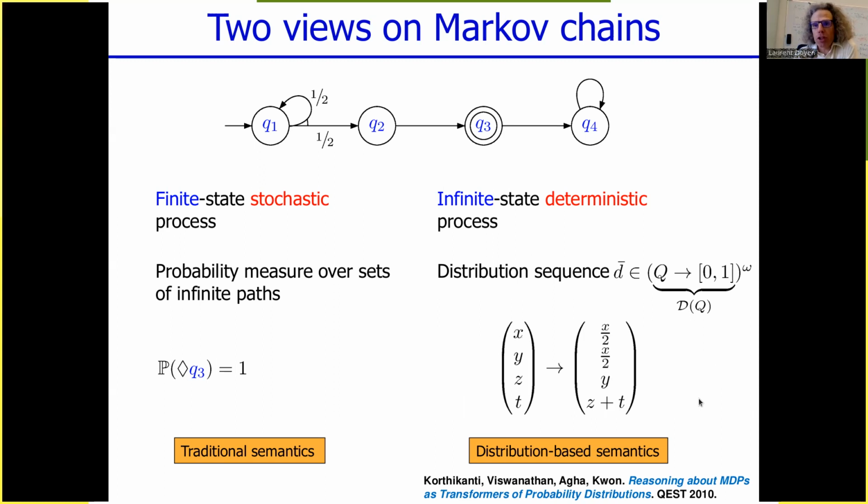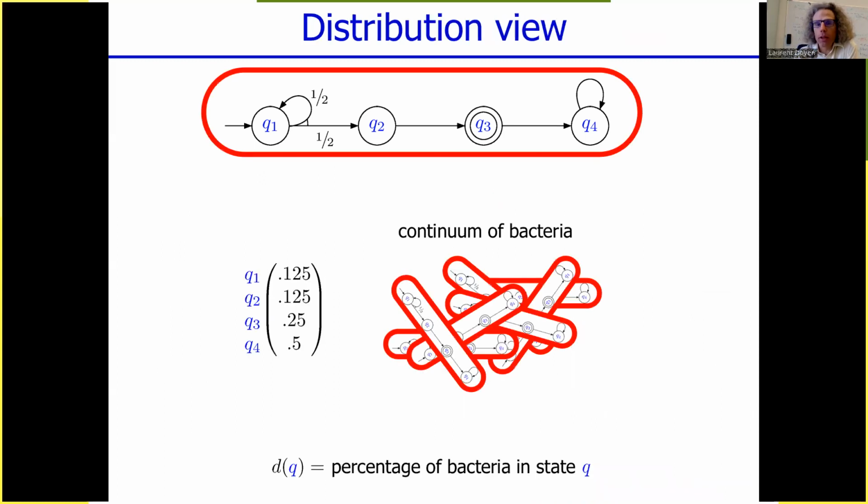Now, what is the interpretation for this view? Imagine that this Markov chain represents the behavior of some bacteria, and imagine that we have a huge number of identical copies of those bacteria, so many that we consider it as a continuum. Then a distribution tells for every state what is the percentage of the bacteria that are in that state.